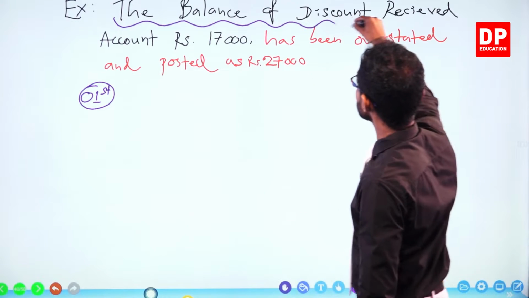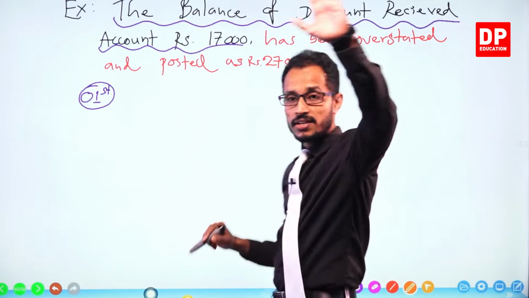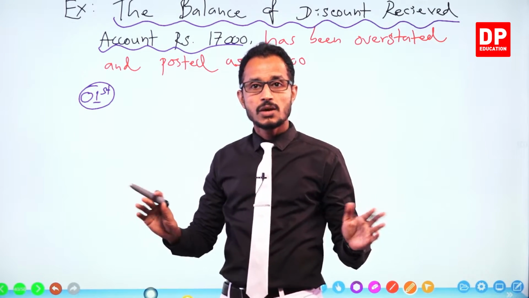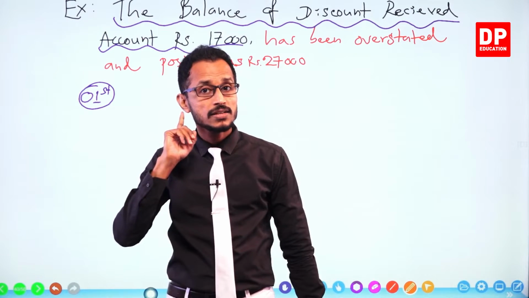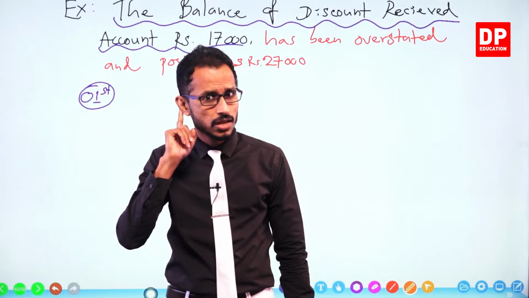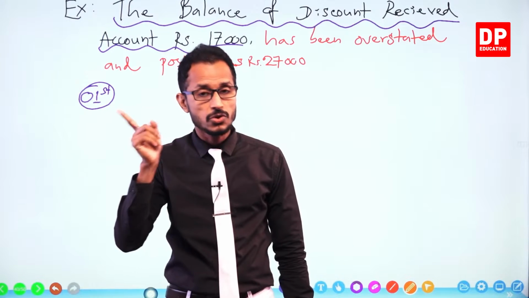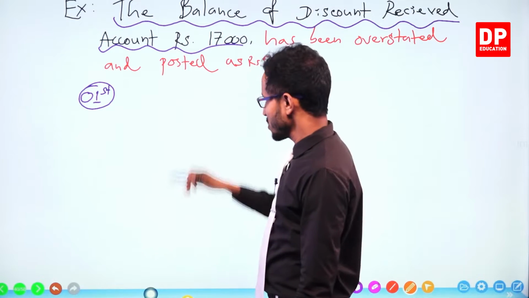Balance of discount received account 17,000. Now you tell me, discount received account has a debit balance or a credit balance? Discount received is normally having a debit? No, credit, yeah.